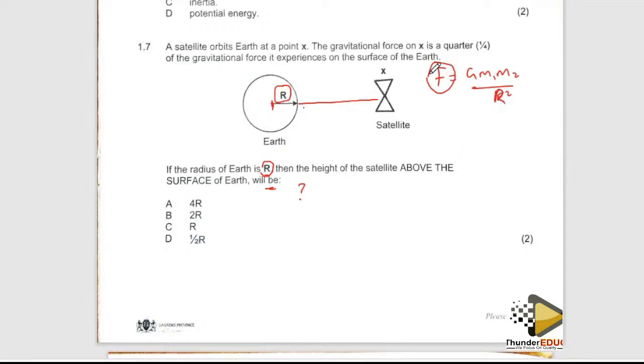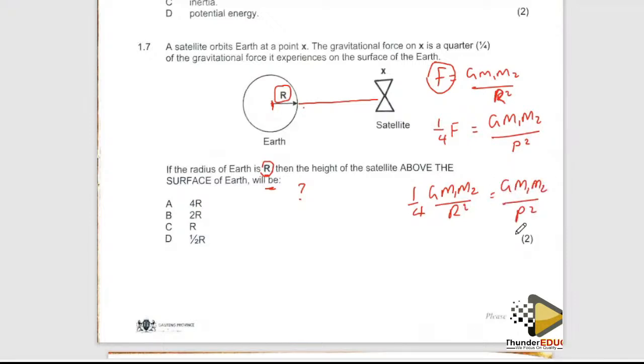Then a quarter of F is equal to G m1 m2 over this distance that I don't know. I can call it p, squared. But I know that this F of mine is the whole of that. So a quarter G m1 m2 over r squared is equal to G m1 m2 over p squared.